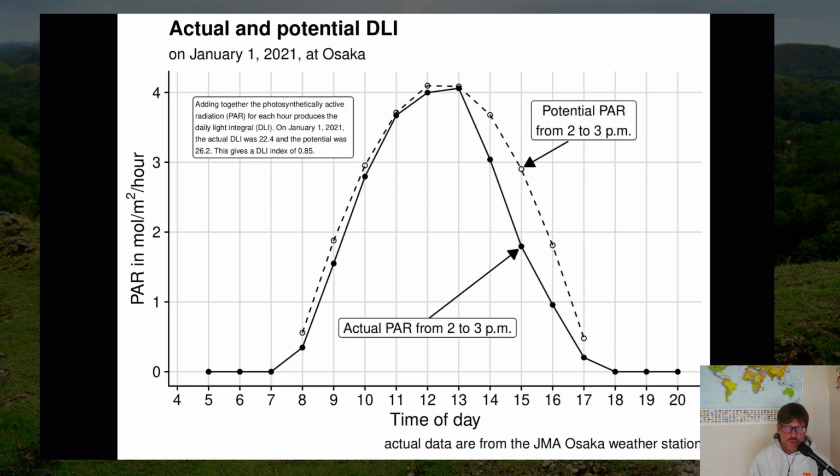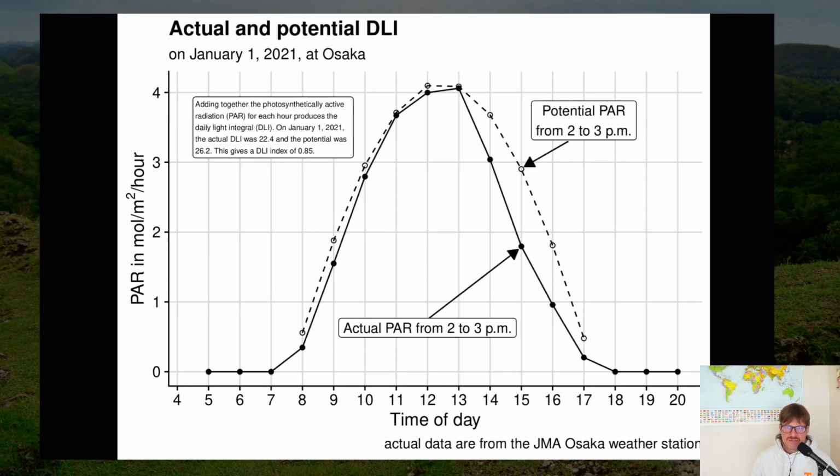That's in units of moles of photosynthetically active radiation per square meter per day. And this gives a DLI index of 0.85 or 85%. So now we've got a light index that's on the same scale as growth potential. It's 0.85, or 85%, for this particular day in Osaka. And you could calculate your DLI index for anywhere.